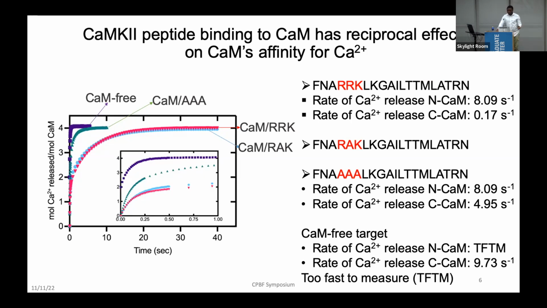So I do want to point out that these observations happen mostly in the C domain of calmodulin, since in the N domain of calmodulin, we did not observe any considerable change.